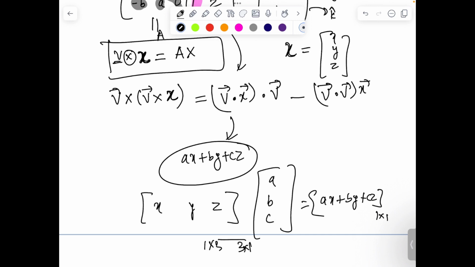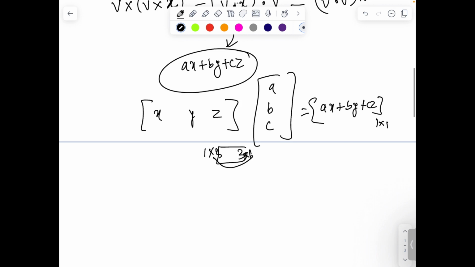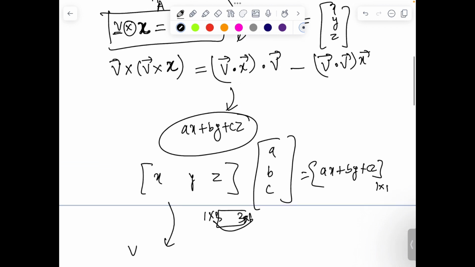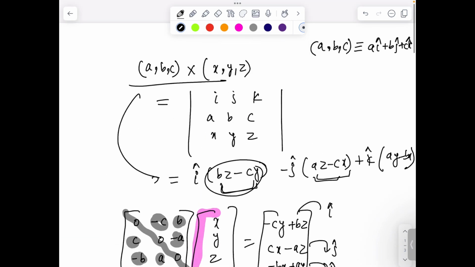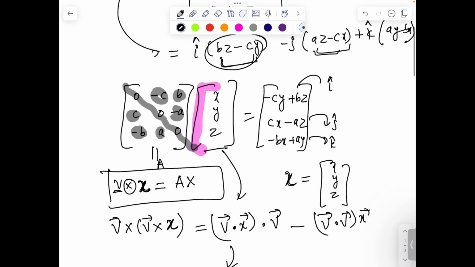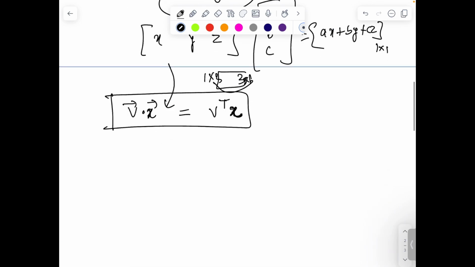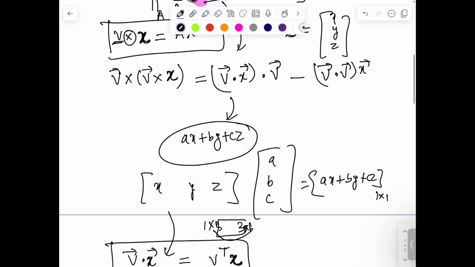We have 1 cross 3 and 3 cross 1, so the result is 1 cross 1. So v dot x is nothing but b transpose times the x column vector. So these are two notations. The takeaway from here is that b cross x can simply be written as Ax, where A is the corresponding matrix, and b dot x can be represented as b transpose x.